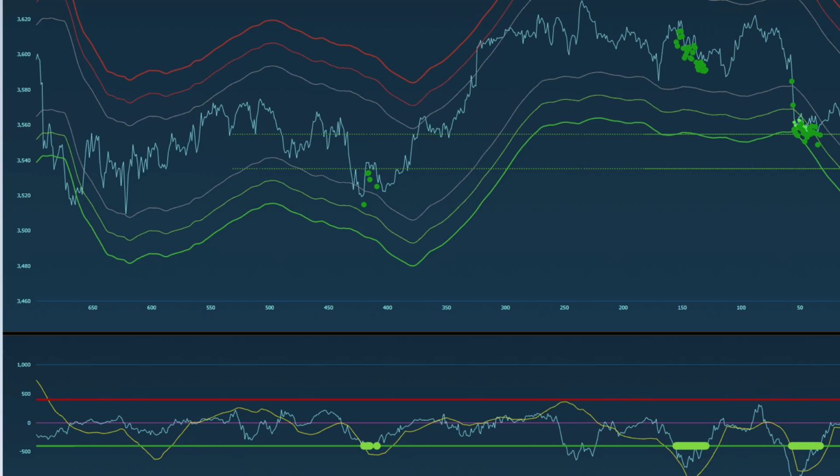So basically the setup comes from both of these lines, the Momo 2, which is the yellow one, which we used for the Momo trend setup, and here in this setup we also use the blue line, which is Momo 1, which is based on orders in the order book and the cumulative dynamics there.